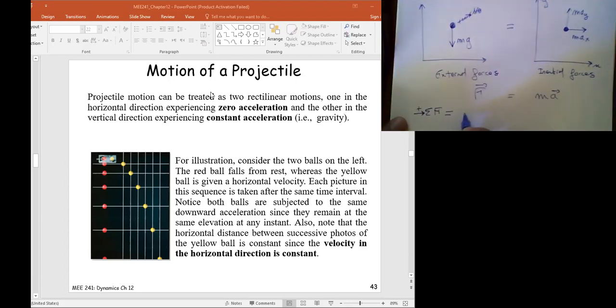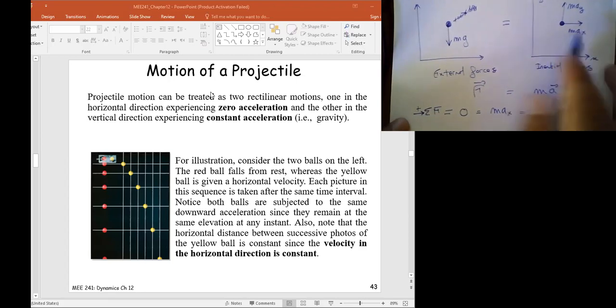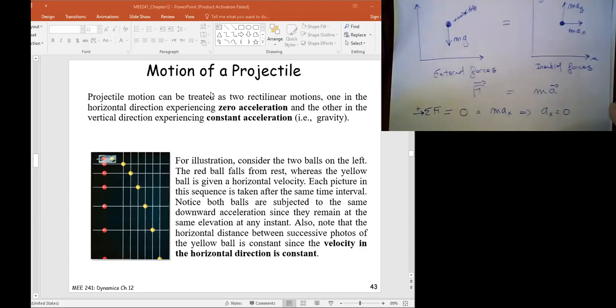There are none, zero. Now I move to the second figure. The inertial acceleration on this diagram is going to be equal to max. So what is ax? Zero. I have no acceleration in x direction, because I simply have no force in x direction.